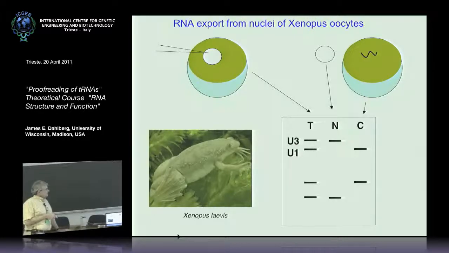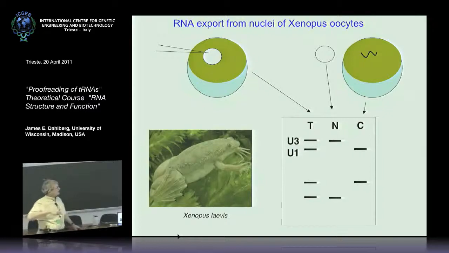We always put into our mixture of experimental RNAs a molecule of U1 RNA. These are small nuclear RNAs. U1 normally goes into the cytoplasm, and this is a mutant form that stays in the cytoplasm. And U3 small nuclear RNA remains in the nucleus.